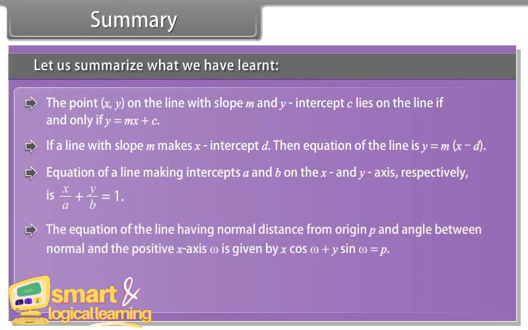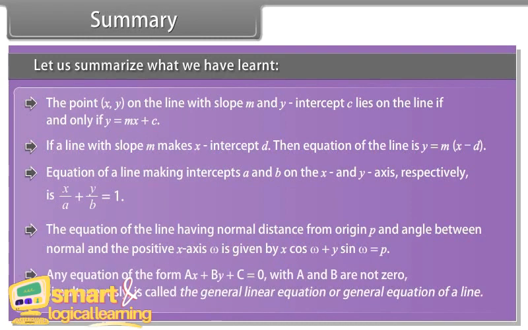The equation of the line having normal distance from the origin p, and angle between the normal and the positive x-axis omega, is given by x cos omega + y sin omega = p. Any equation of the form ax + by + c = 0, with a and b not 0 simultaneously, is called the general linear equation or general equation of a line.